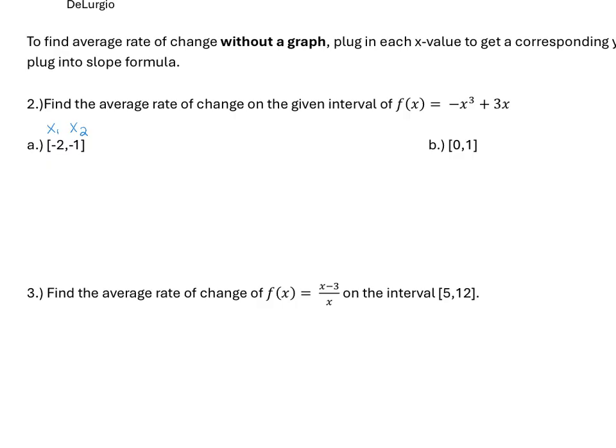So we're going to take x1 and plug it into our original, and that's going to give us y1. So -1 cubed plus 3 times -1. Be careful of your order of operations. You must do this first. So -1 cubed is -1.